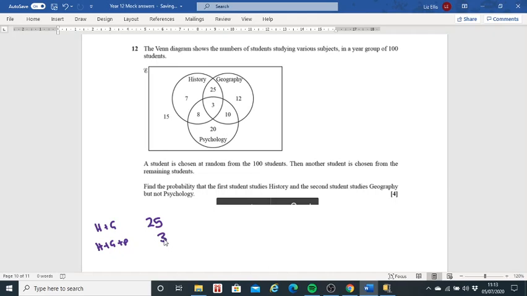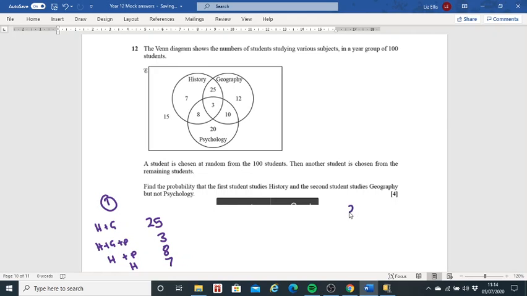Or student number 1 could study history and psychology, which makes them 8 of them, or they could study just history, which is 7. So those are all my options for student number 1, because we're just told they study history.